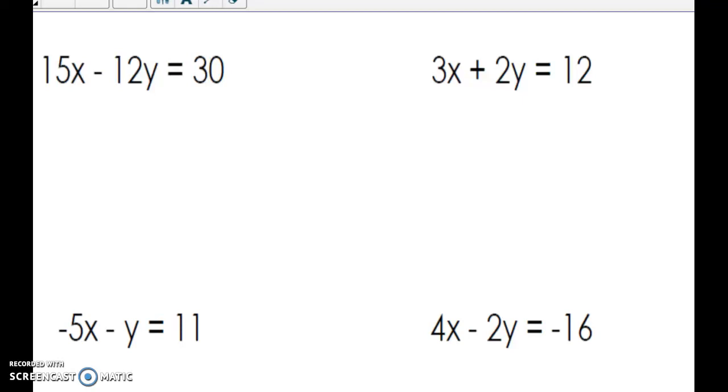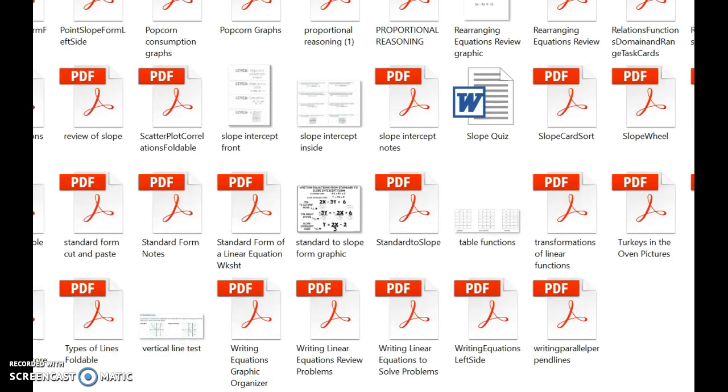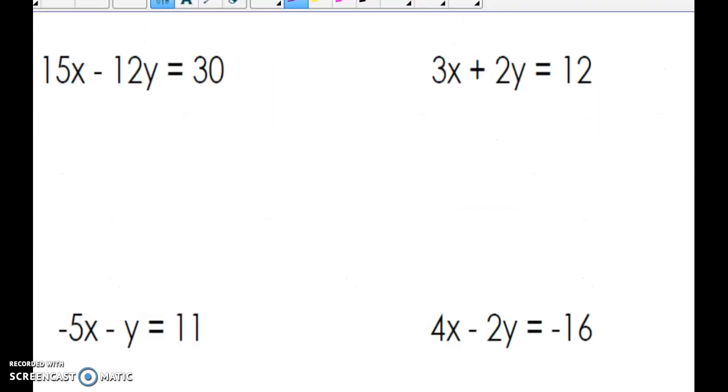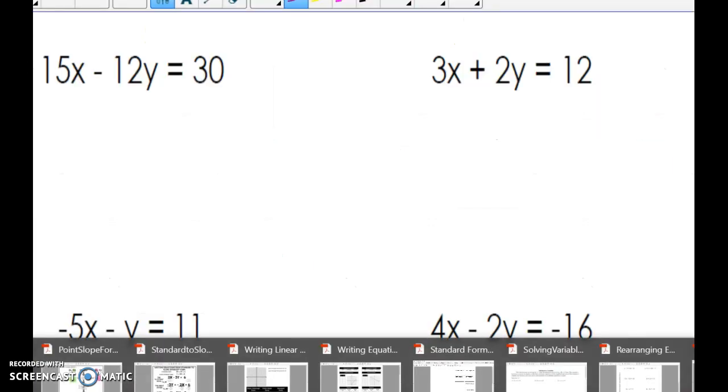Okay, so now that you know how to write an equation in point slope and slope intercept form, I want to go back and look at how you change an equation from standard form to slope intercept form. This is written in standard form, and I don't know if you remember this, but maybe like 2 weeks ago, we did notes where we talked about standard form.